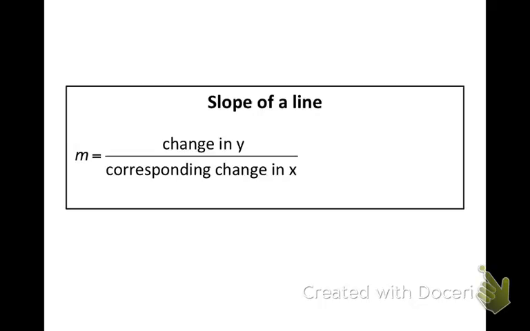Okay? What's the formula for slope? Yeah, you subtract your y's over subtract your x's, right? So y sub 2 minus y sub 1 all over x sub 2 minus x sub 1.